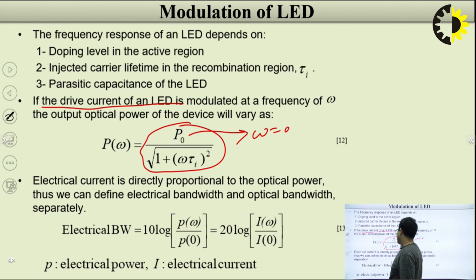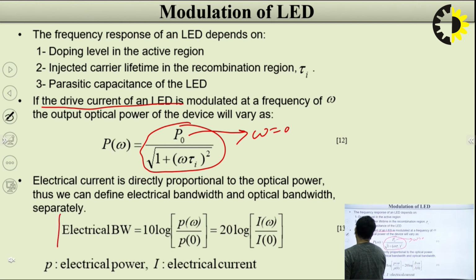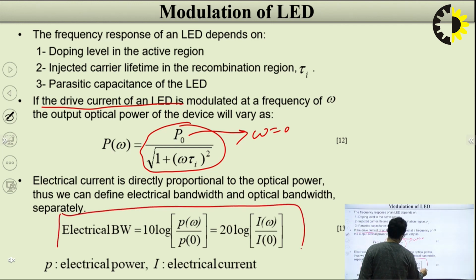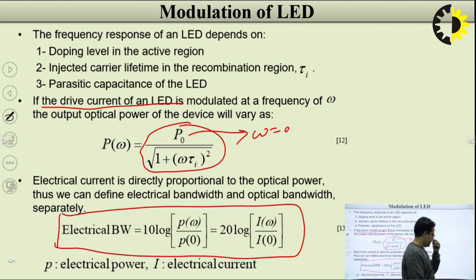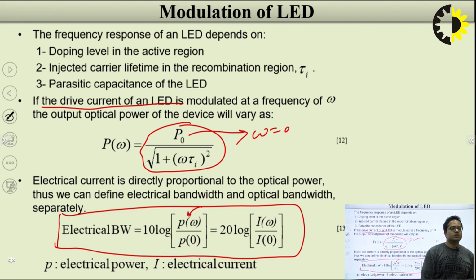With the help of this formula, you can easily find the optical power output of the device. Apart from that, if one wants to define the electrical bandwidth, it is given by the formula 10 log of P omega upon P0. P omega is the power at a particular frequency and P0 is the power at zero frequency, P is the electrical power and I is the electrical current.